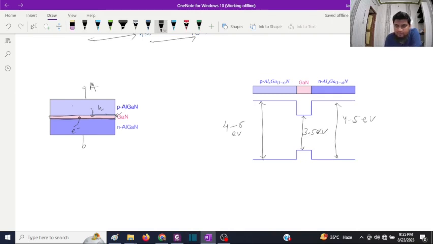And if you give a little forward bias, of course, the structure will become like this. The energy band will tilt. All the electrons in the n-type aluminum gallium nitride will be collected in this region only.